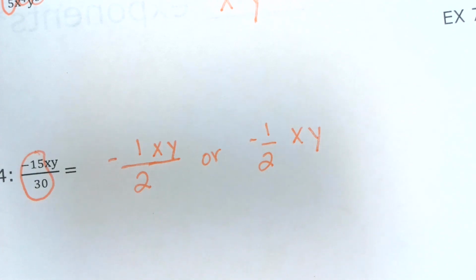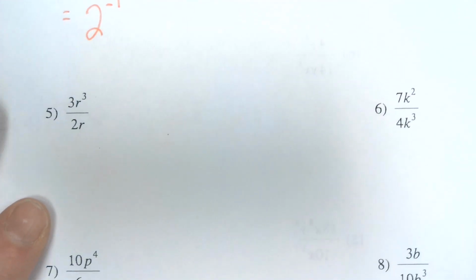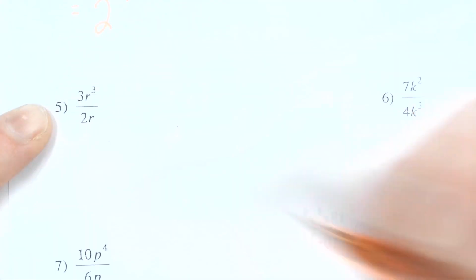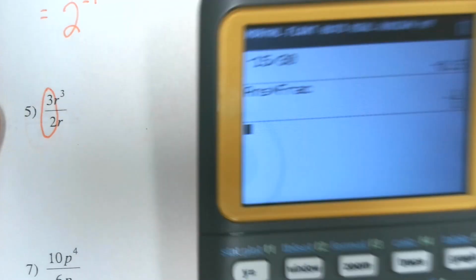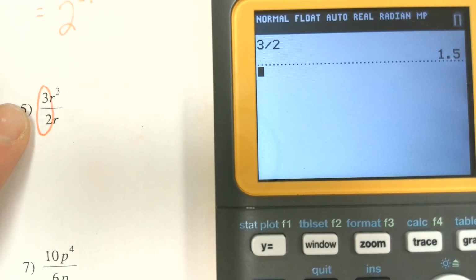All right, so let's take a minute and go to the worksheet again. I'm going to have y'all start with number 5. Circle your coefficients, 3 over 2. Let's put it in. 3 divided by 2. It's a decimal. I don't want a decimal.